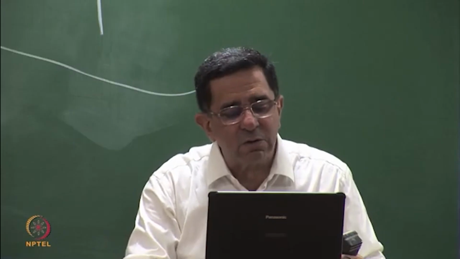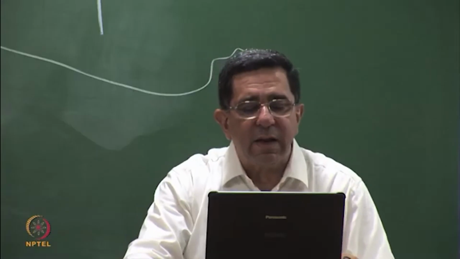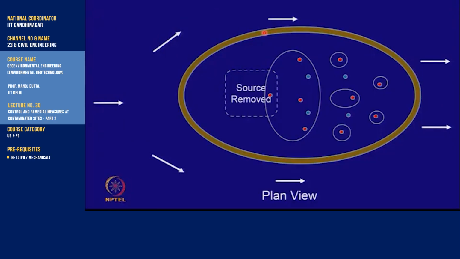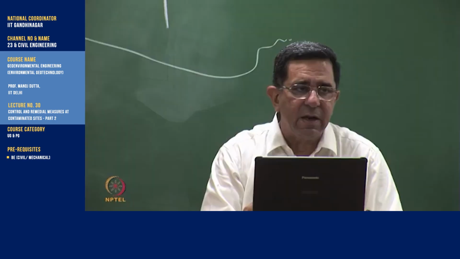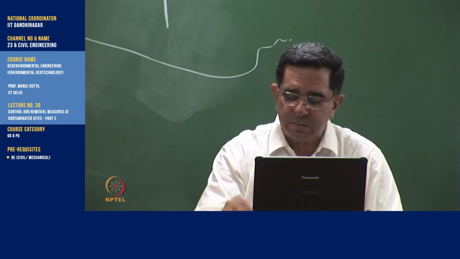In the meantime, you have also removed your source. So say several years hence, you will find that you can bring this site back to its original condition. So pump and treat is a very often adopted methodology for areas where groundwater contamination has taken place.